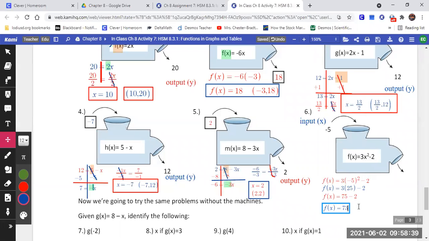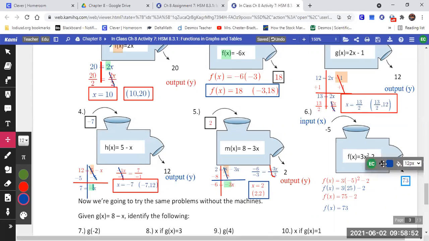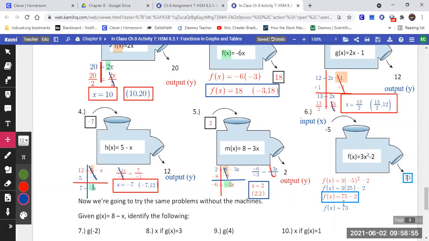So how are we going to word this ordered pair? So the 73 is the output. 73 was the output. How do we make the ordered pair for this? -5, 73, yes. Now, yes, things that have powers are still functions.